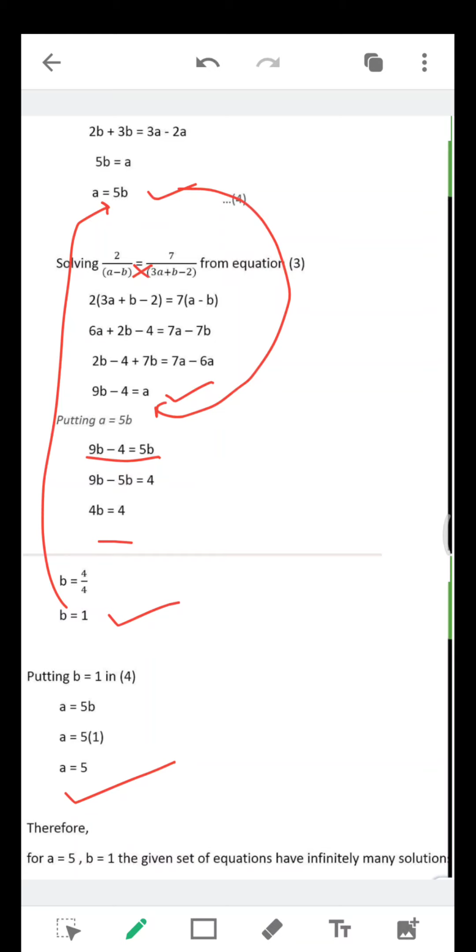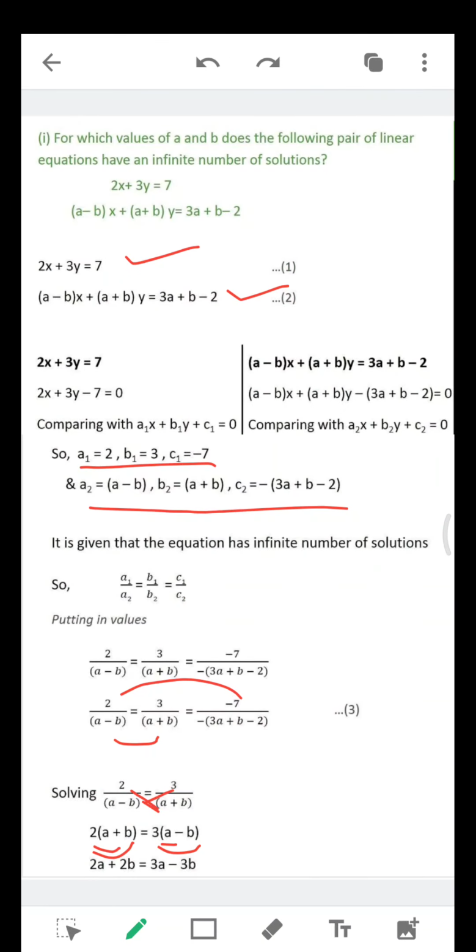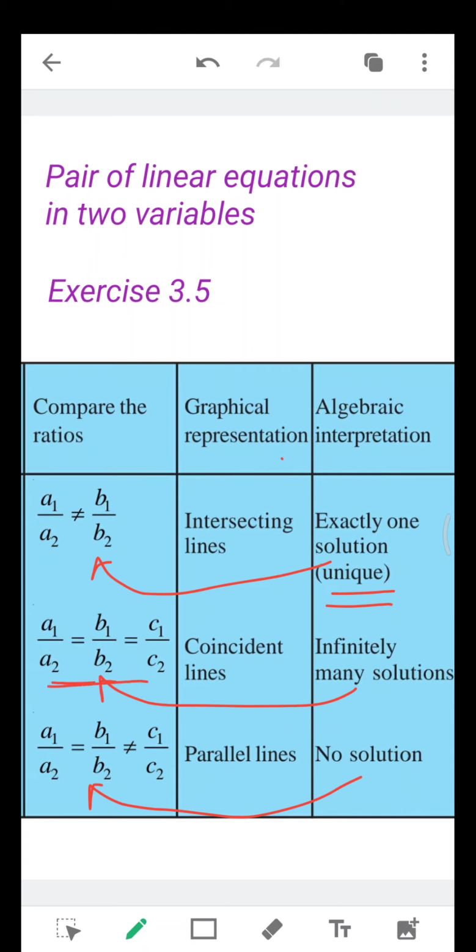So for a is equal to 5 and b is equal to 1, the given set of equations have infinite many solutions. Means if you substitute a is equal to 5 and b is equal to 1 in this equation and then compare the ratios, your ratio will be like this. After substituting a and b value, if you compare the ratios will be of this type.